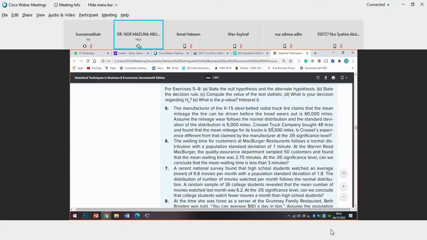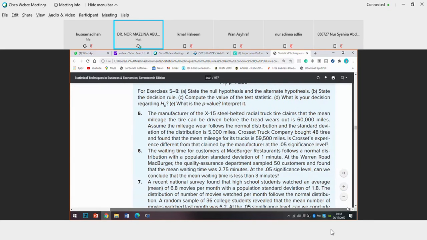Okey, jadi kalau awak sebagai manusia biasa, okey, tengok soalan ni besar-besar sikit. Okay, you know that company tu cakap 60,000 on average, tapi awak punya truck 59,500 dah pun tak boleh guna dah tayar tu, kena tukar tayar baru. So macam mana? Nak marah tak ni? Syahira, nak marah tak?